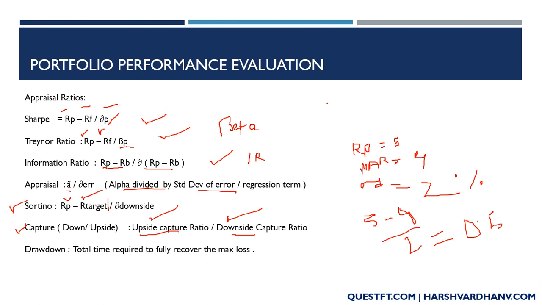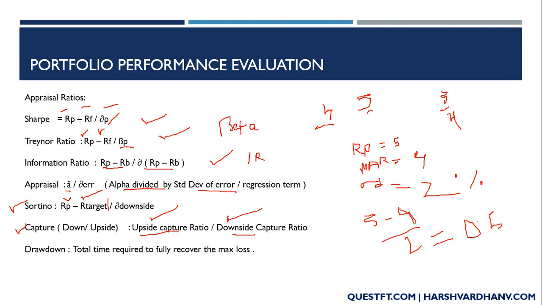For example, if the benchmark return is 4% and the portfolio return is 5%, then the upside ratio is 5 divided by 4, because your portfolio has given you more return than the benchmark.